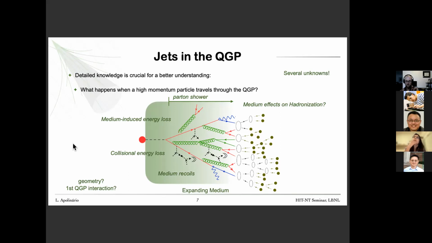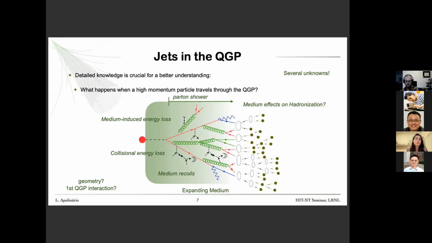At the end of the day, we are able to measure average quantities, but we want now to go one step further and try to understand how we can better control our understanding of all these phenomena. And if we want to understand all these phenomena independently, we also need a sample in which we can play more with the effects of all these things.